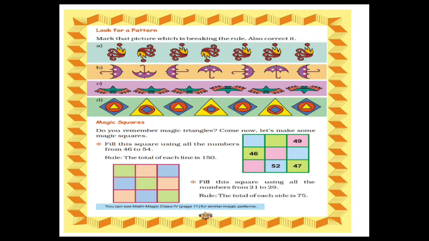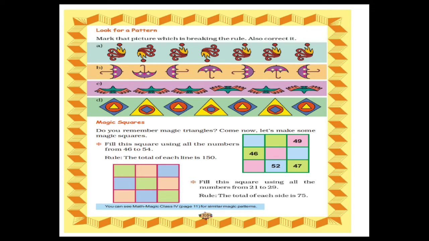Now let's see ahead. Magic square. Do you remember magic triangles? Come, now let's make some magic squares. Fill the square using all the numbers from 46 to 54, and the rule is that the total of each line is 150.